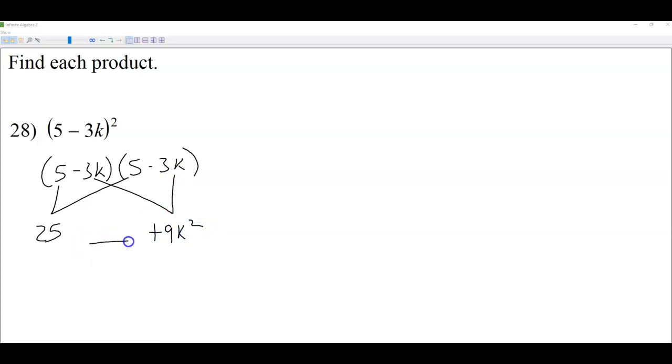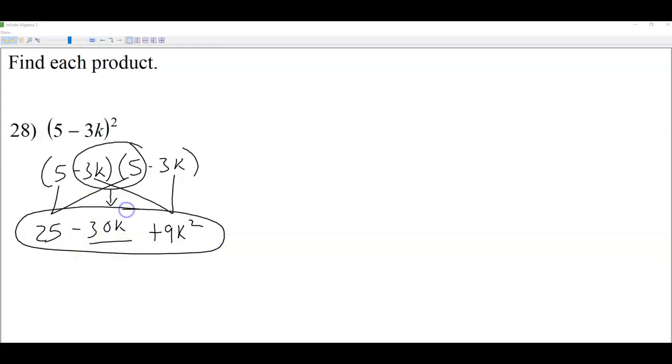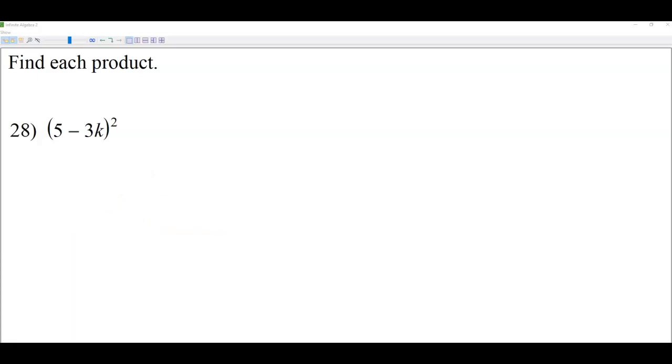And then finally, we need a middle number here. You multiply these together, so negative 3k times 5 is negative 15k, and then you double it. So that will be negative 30k. A little bit faster than the box method. Shortcuts are nice. But the box method would work if you can't remember the shortcut.